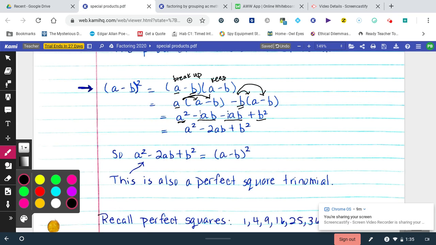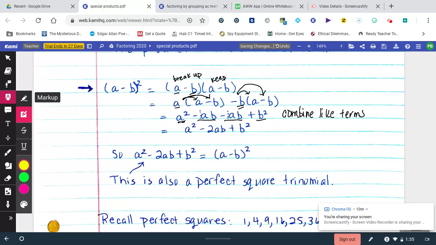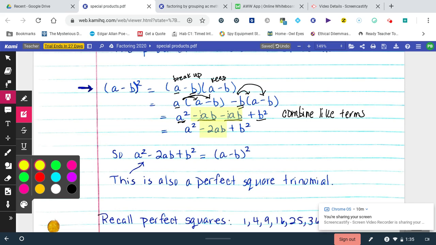If you combine like terms, negative 1AB and negative 1AB makes negative 2AB.